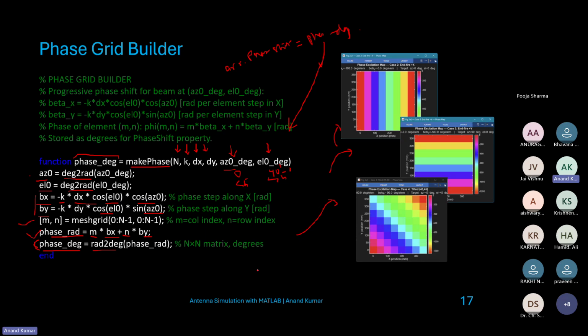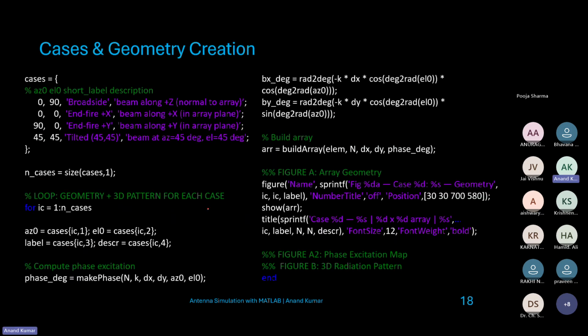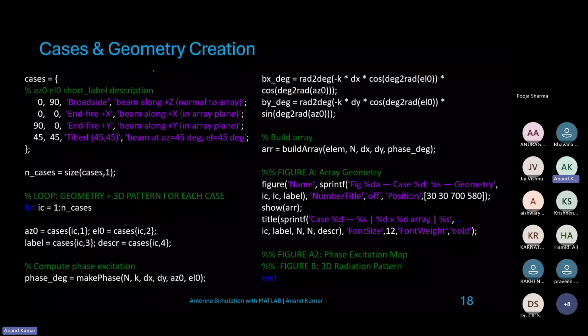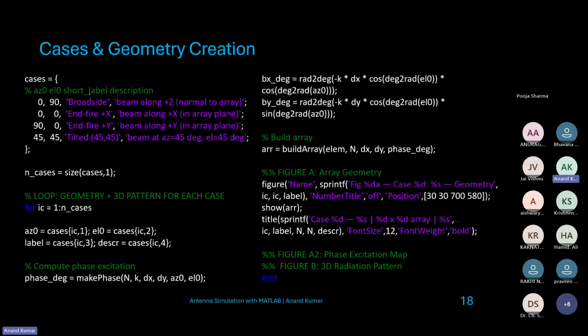So we built the array. We made a function which will build the array, and we made a function which will build the phase map. And now we'll start the different cases and geometry for each case.